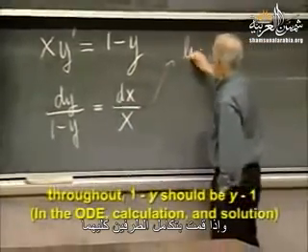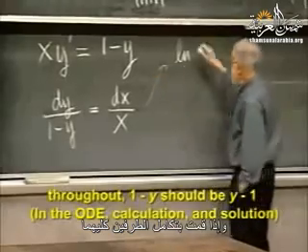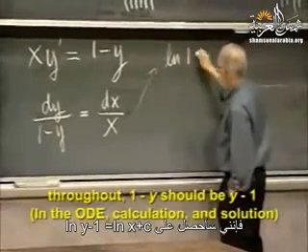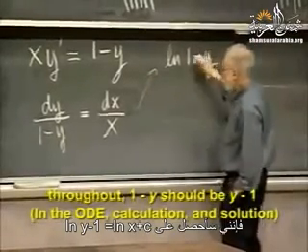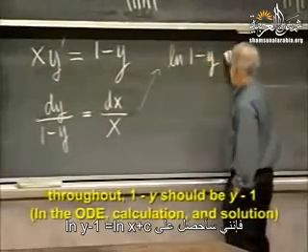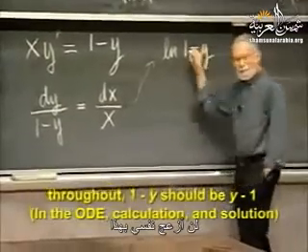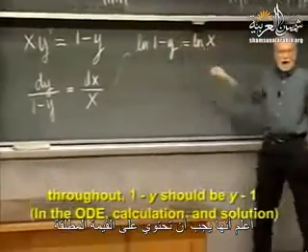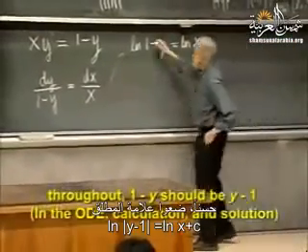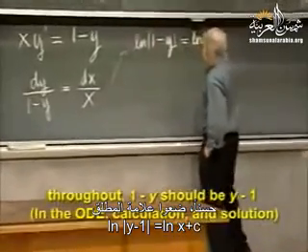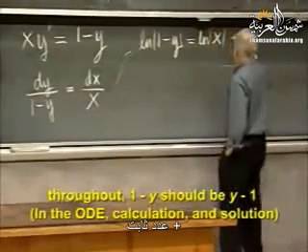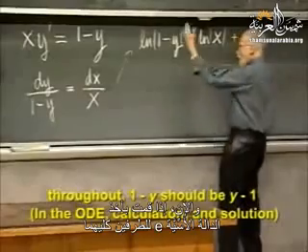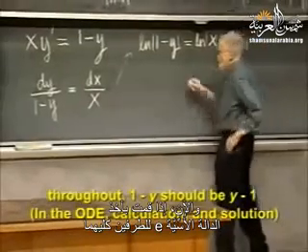And if I integrate both sides, I get the log of 1 minus y, it should be absolute values, but all right, put an absolute value, plus a constant. And now if I exponentiate both sides, the constant is positive.